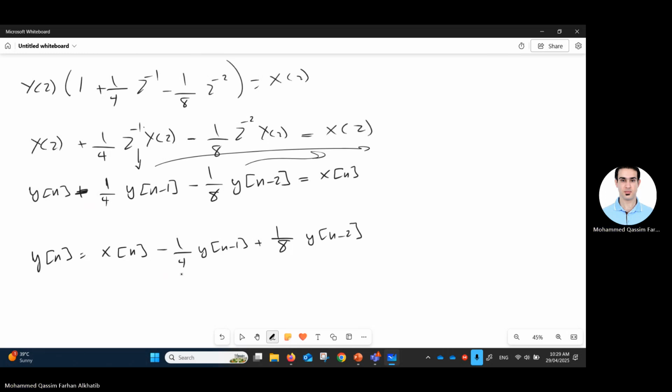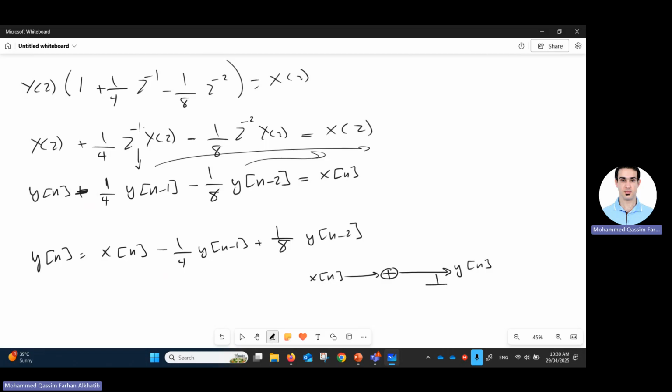So to draw the block diagram, I have x of n, I have y of n, I have the adder here. Okay, so x of n immediately goes there, it's not scaled or weighted, plus or minus 1 over 4 y of n minus 1.